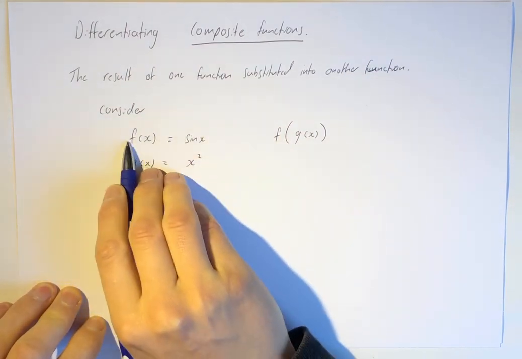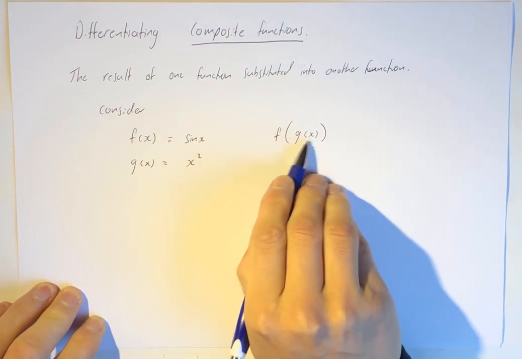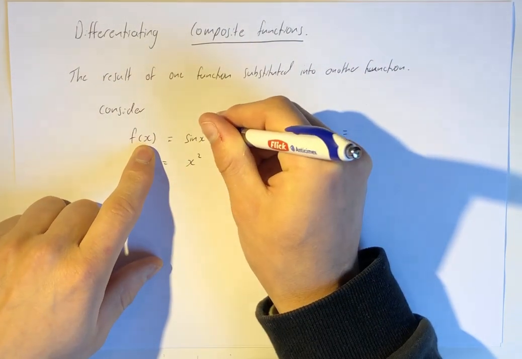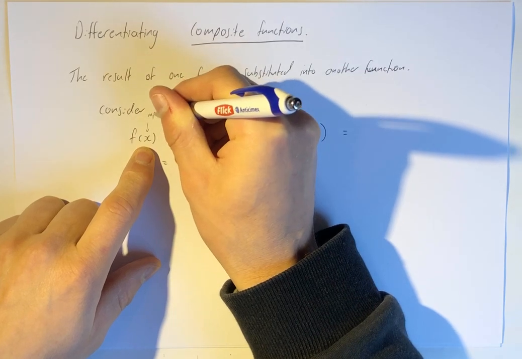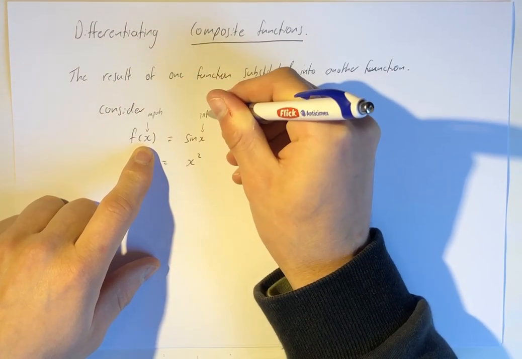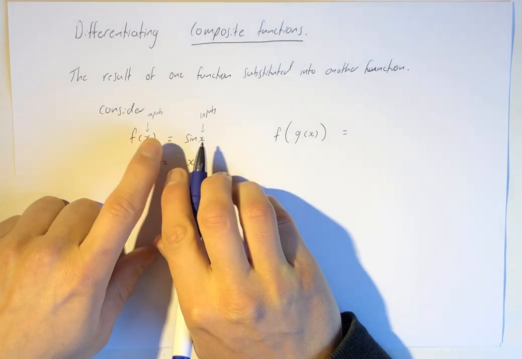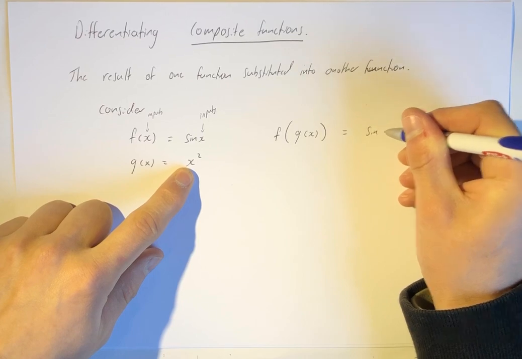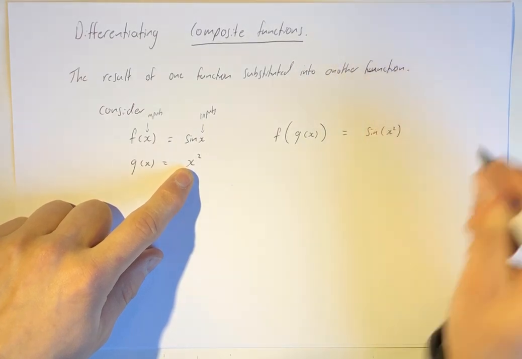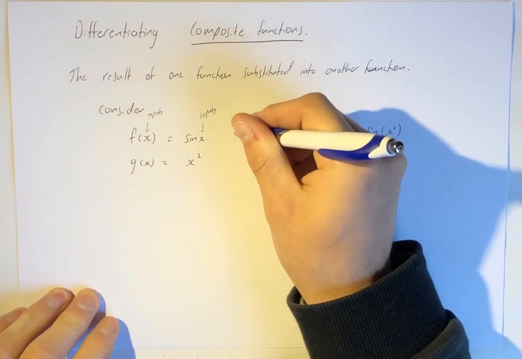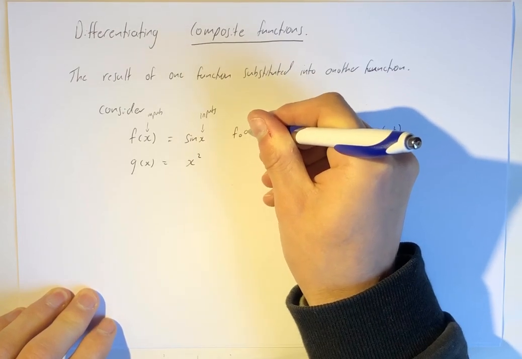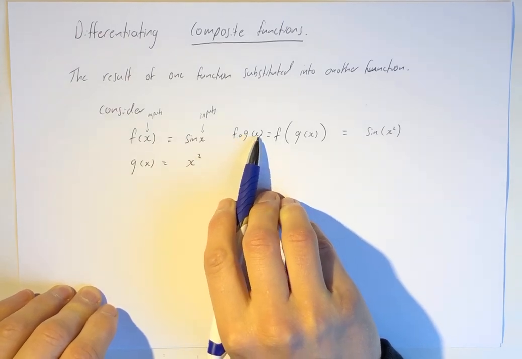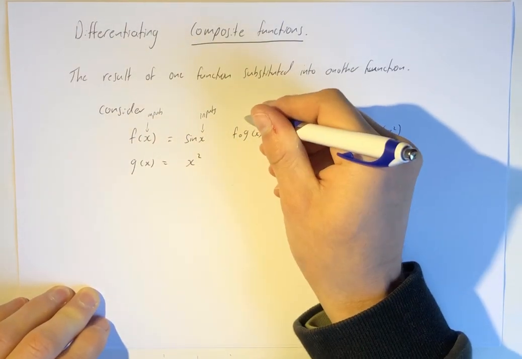Instead of f of x, we have f of g of x, and that would just mean that we replace any input. So these are both inputs. Now let's make that input instead x squared. So this would be sine of x squared. And so this is f, and we do a little circle, composed of g of x. So f little circle g of x.